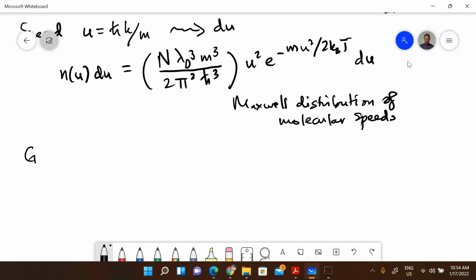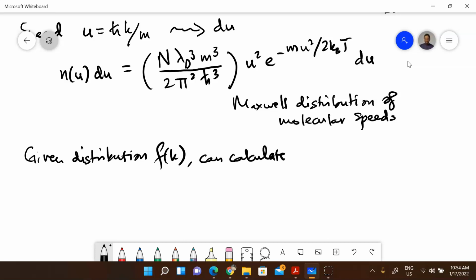Given distribution F(k), we can calculate the average value of any quantity.